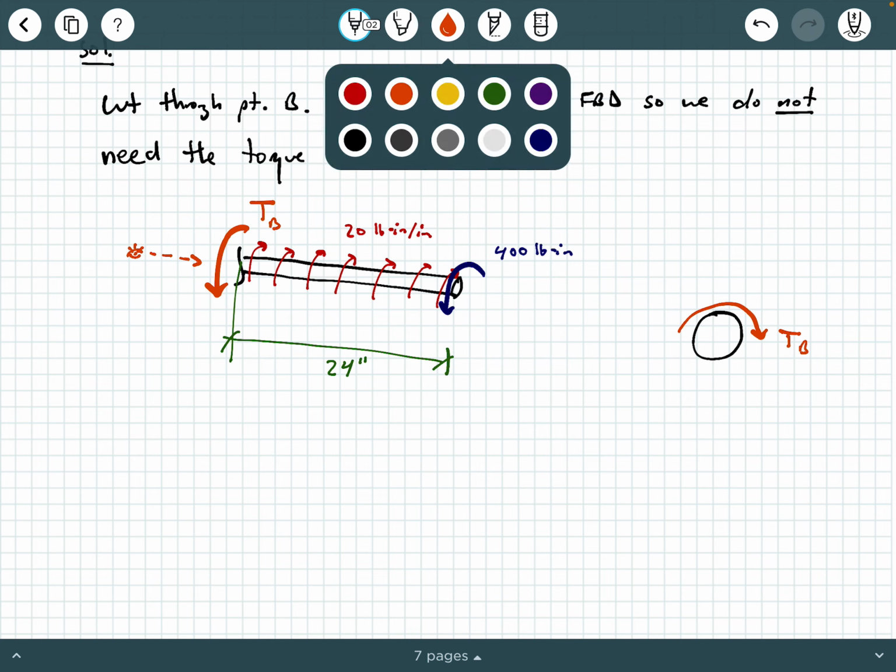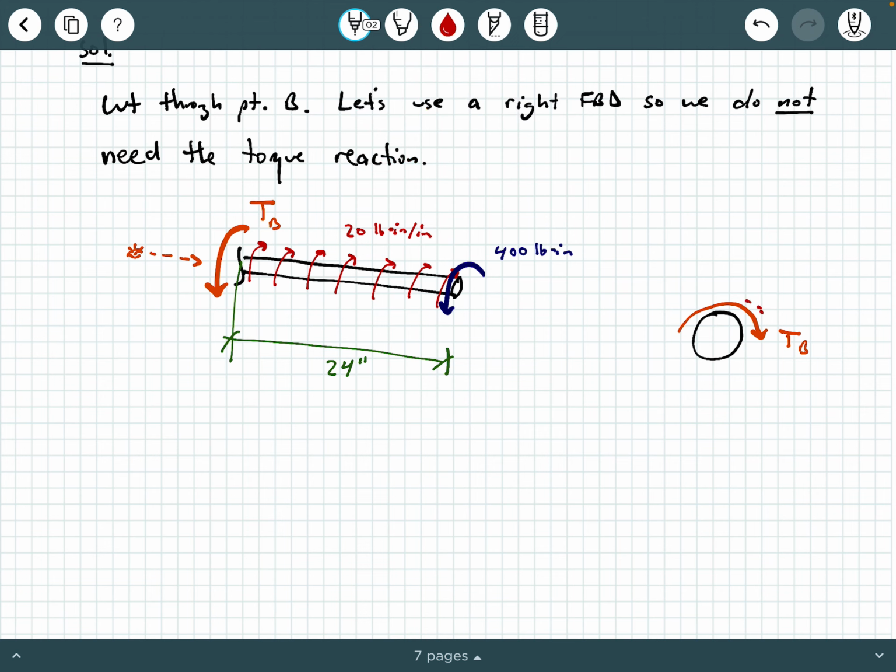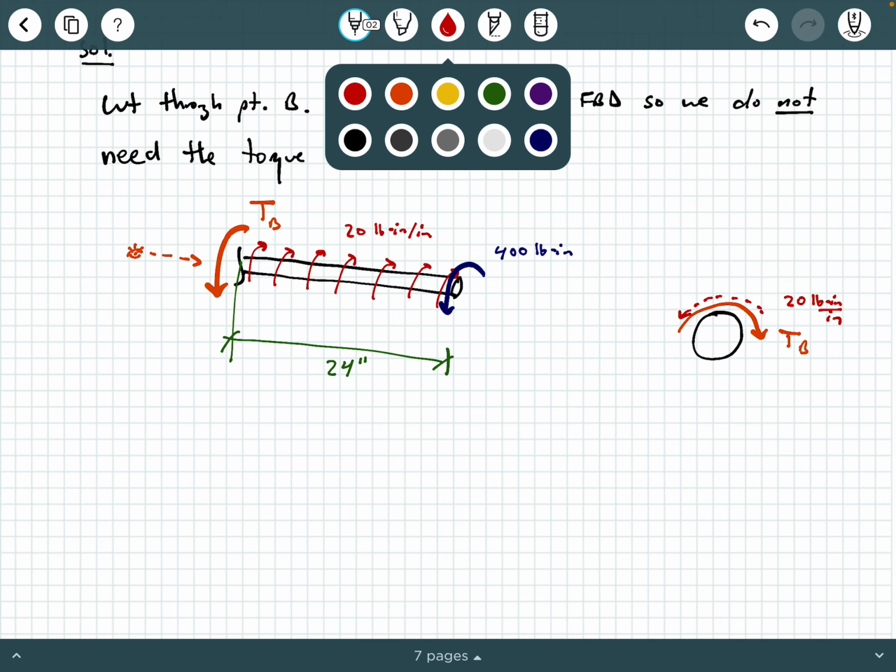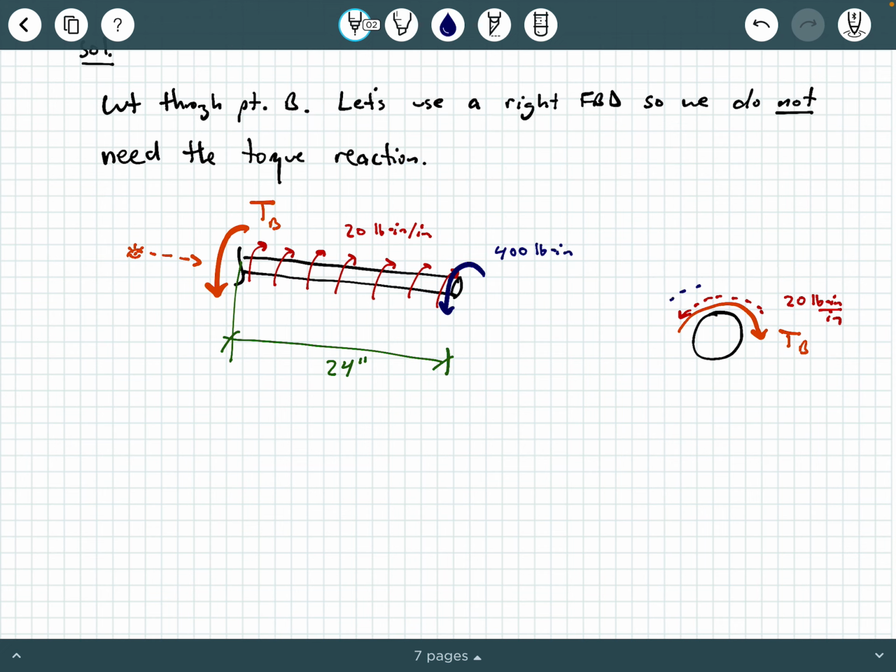Now behind TB, you see in a hidden line fashion with a dashed vector, 20 pound-inches per inch, okay? And then behind that, so I'm going to make that the next thing dashed as well, you've got the 400 pound-inches point torque at the free end, okay? And again, this is all based on this viewpoint, all right?